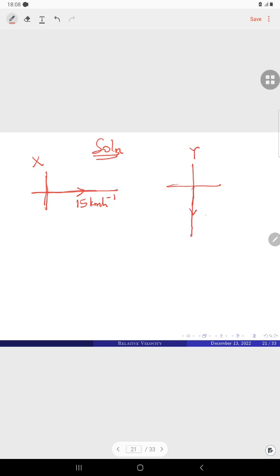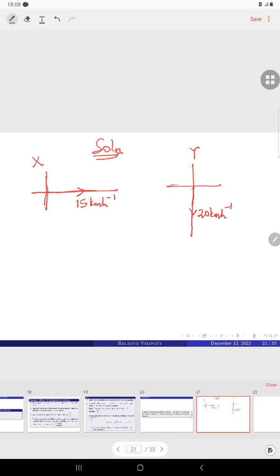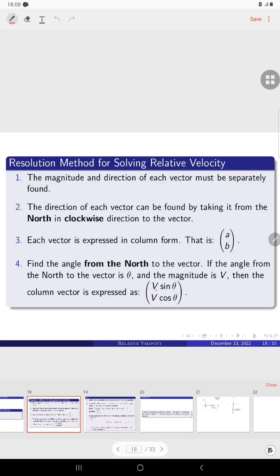For Y, it is 20 kilometers per hour due south, right?